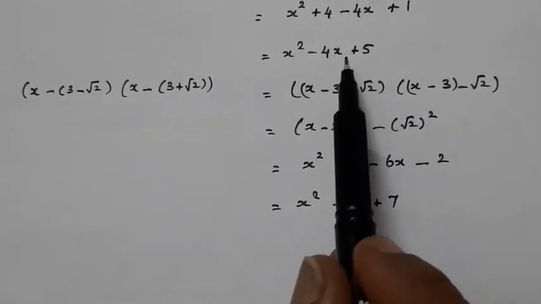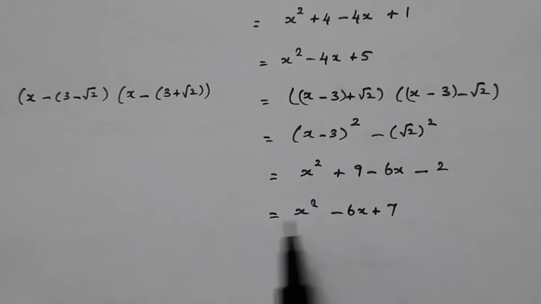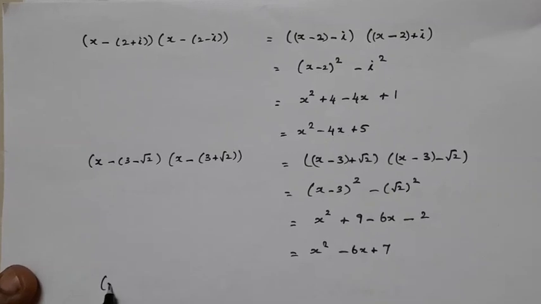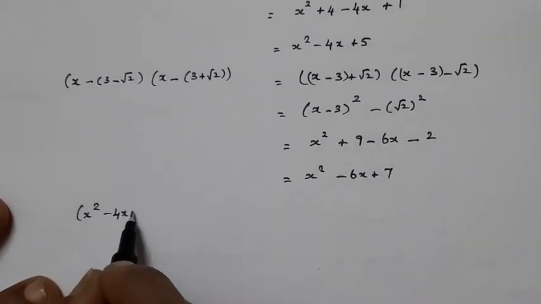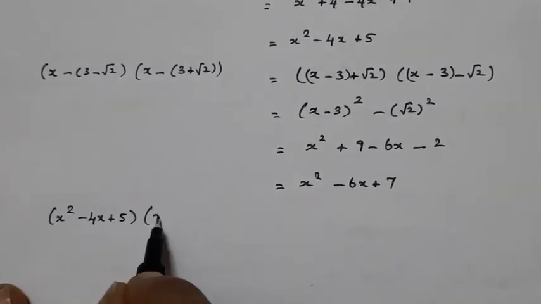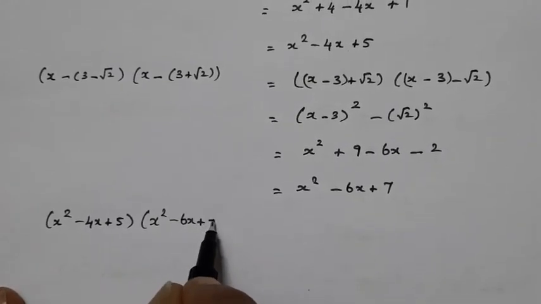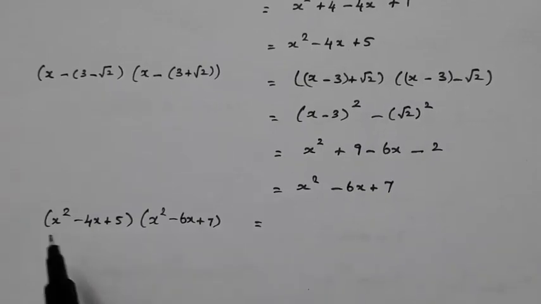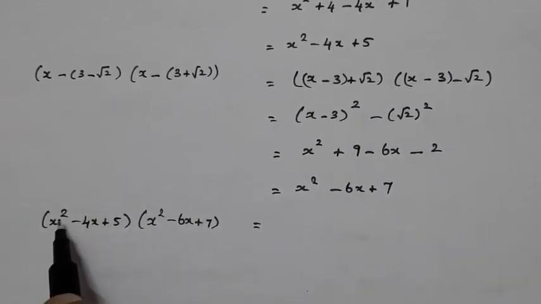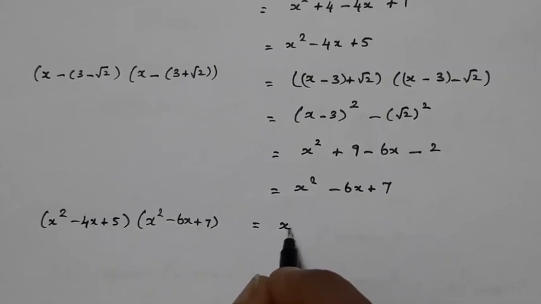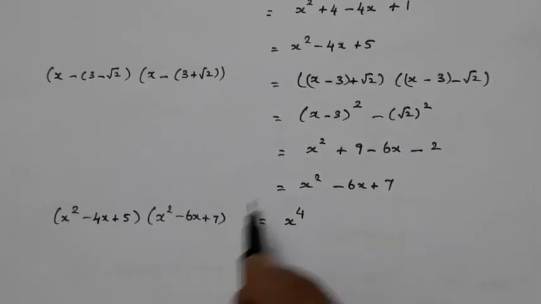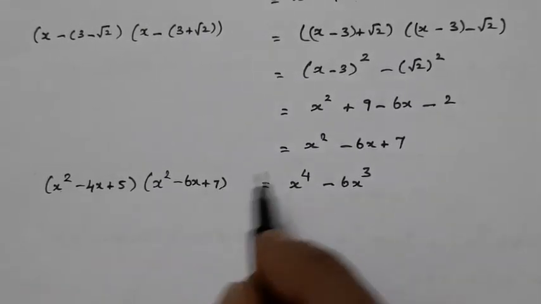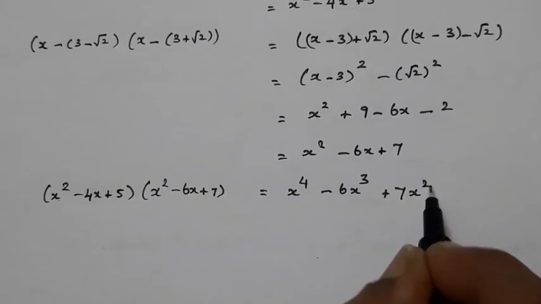When you multiply this quadratic and this quadratic, that will be the product of all the four factors. So let us multiply x squared minus 4x plus 5 and x squared minus 6x plus 7. First x squared into x squared is x power 4, then x squared into minus 6x is minus 6x cube, then x squared into 7 is plus 7x squared.